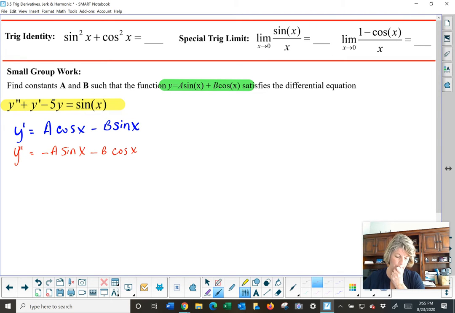The next thing I think I would do is substitute into the yellow highlighted equation. So let's do some substituting.